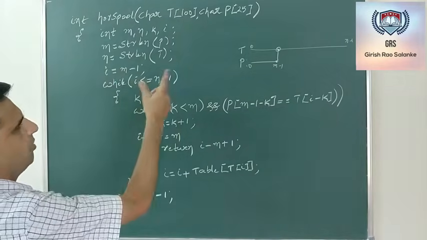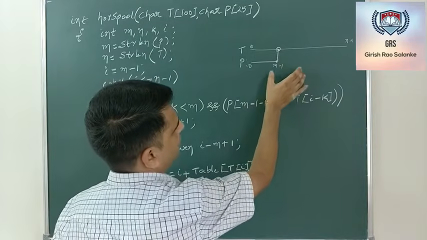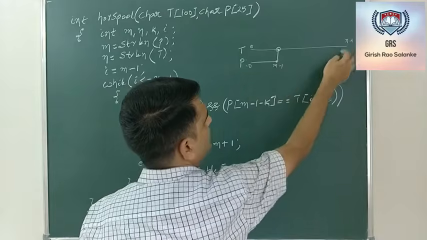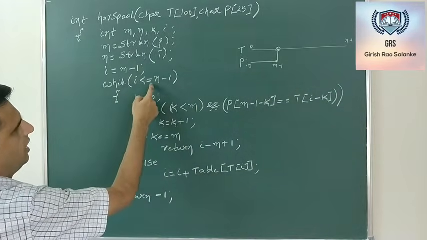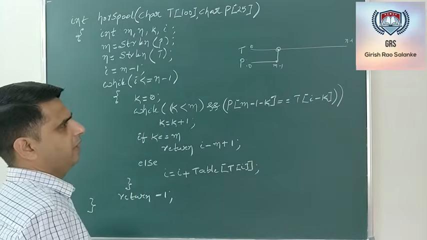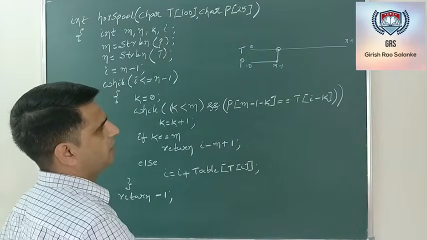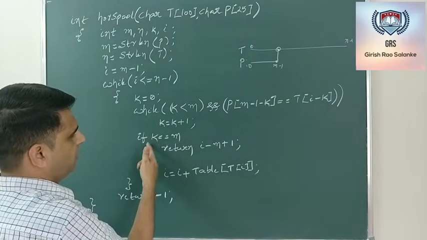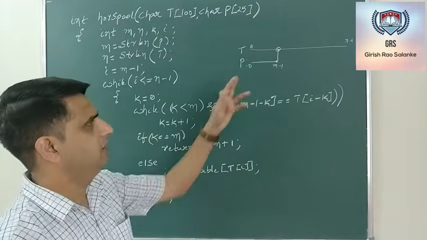And for the maximum number of iterations, if I assume that in the worst case the pattern has been shifted only one time, it can go up to n minus 1 times. Hence for i is equal to m minus 1, i less than n minus 1. So I am taking this k. Why k? Number of characters compared. In any iteration, k tells how many characters I have compared. If k is equal to m, then it implies that I have found my pattern in the text.